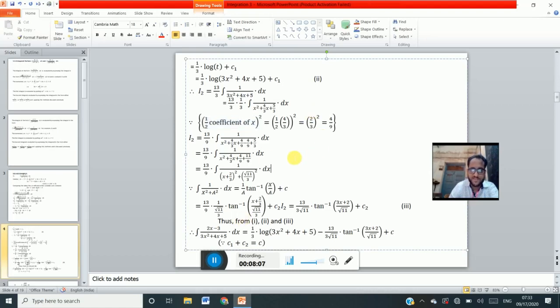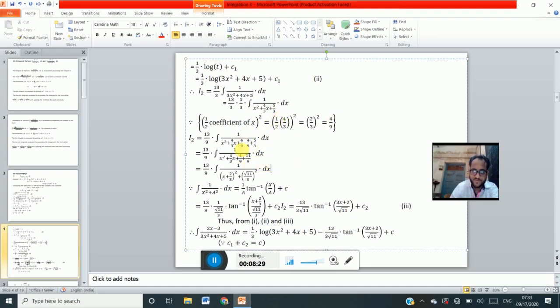So add and subtract this term in the denominator. So we get 13 by 3 into 1 by 3, that is 13 by 9, into integration of 1 upon x square plus 4 by 3x plus 4 by 9 minus 4 by 9, plus 5 by 3. This should be added and subtracted in the denominator.